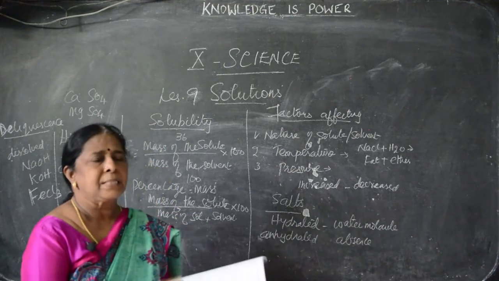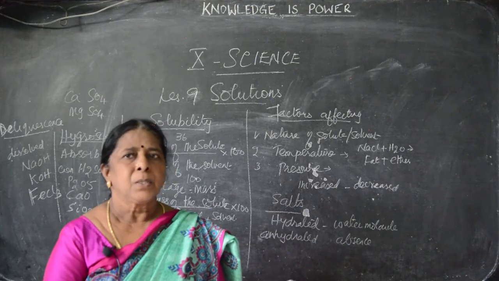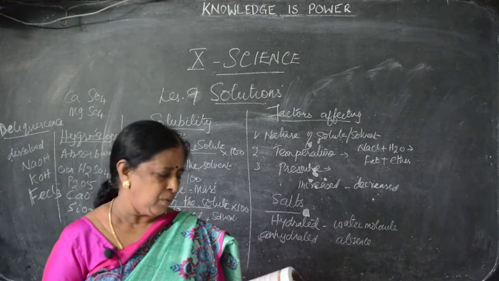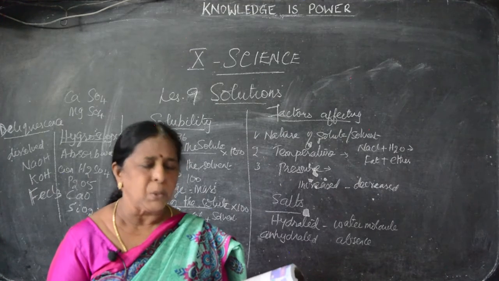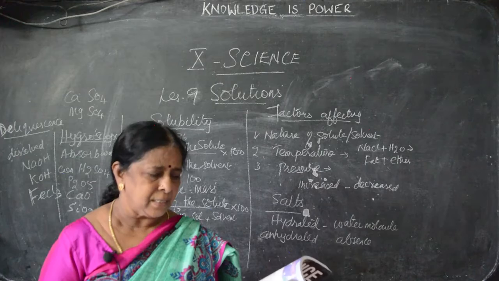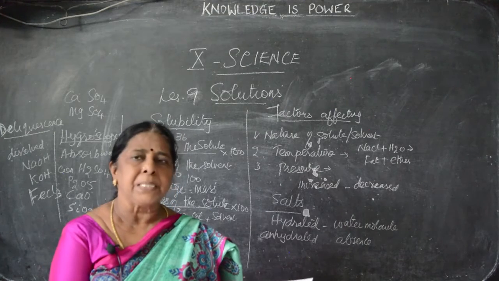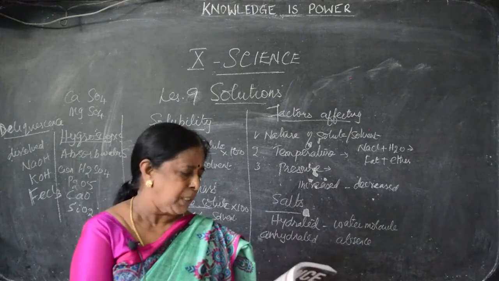Now, in this lesson, what are the things we came across? Solubility. We have seen what is soluble, what is a solution, the two types of solution, homogeneous and heterogeneous, and the components. If it is made up of two, it is a binary solution; more than two means ternary solution.